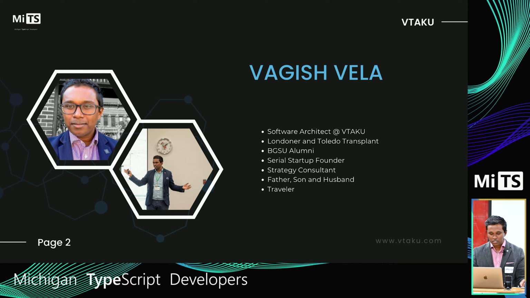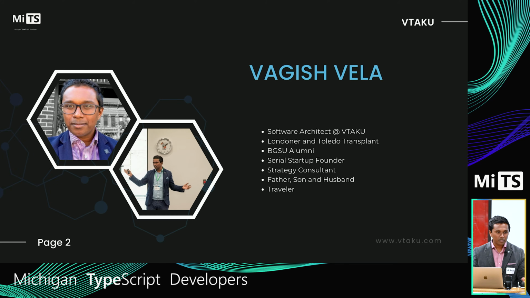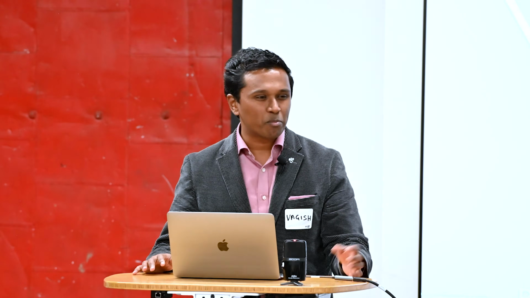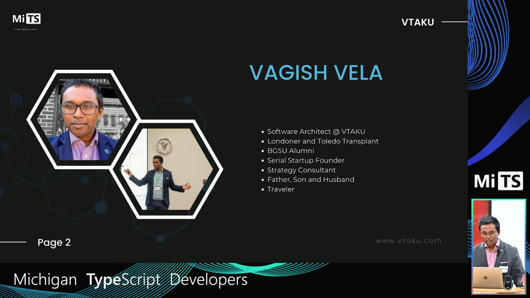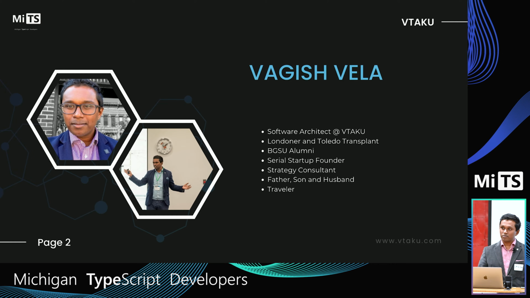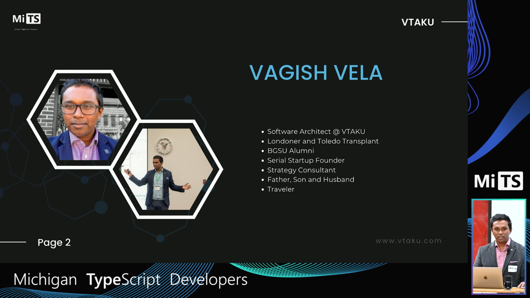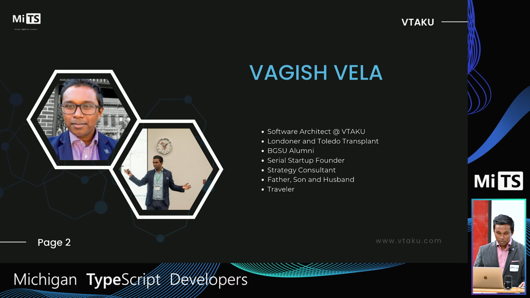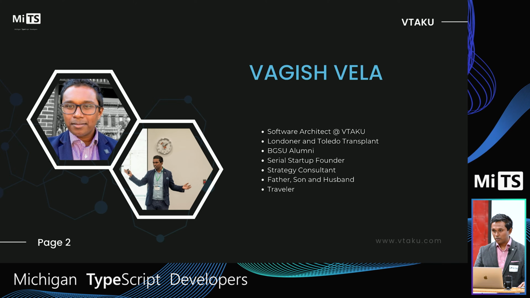So just a little bit about me, I won't take too long. My name is Vagish. I'm a software architect at Vitaku. I'm actually a Londoner, I guess formally. I guess I go back enough to London that I can use that term. But I also live in Toledo. Toledo is a bit south of Ann Arbor. I don't know if most of you have been there, but you've probably heard of it. I'm also a BGSU alumni. I'm also a serial startup founder. So I do a lot of startups, mostly between Ohio and the UK.